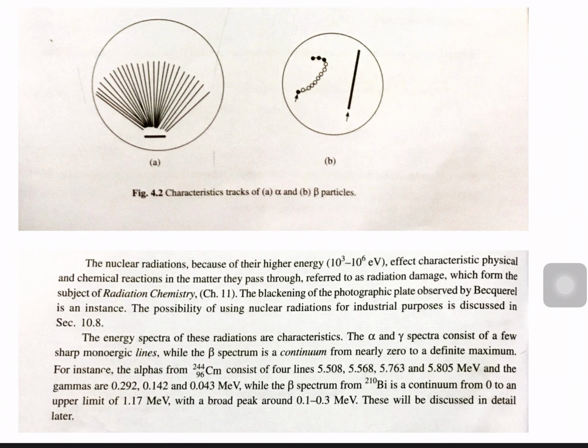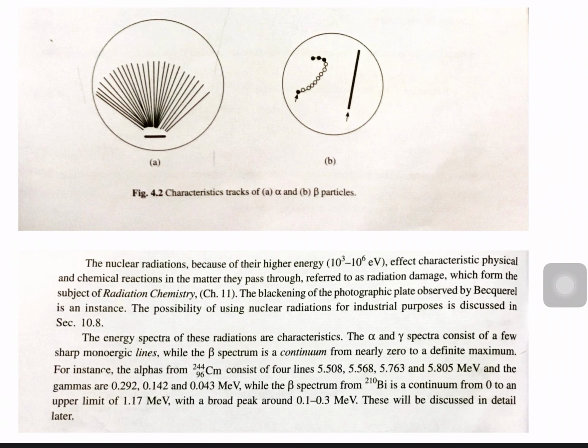For instance, the alpha from curium-244 consists of 4 lines: 5.508, 5.568, 5.763 and 5.805 mega electron volt, and the gammas are 0.292, 0.142 and 0.043 mega electron volt.